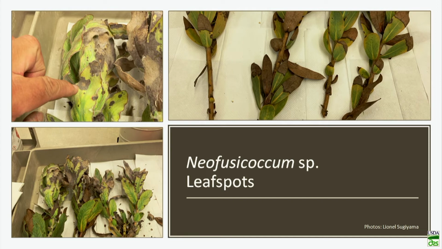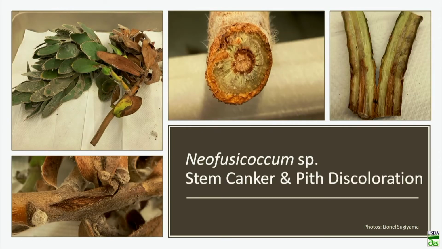We've also seen instances of kind of this tip necrosis on leaves, and that's what you're looking at in the top right. Okay, so Neopestalotiopsis also causes stem canker, which is the left two pictures. The top actually shows that part of the main plant seems to just die, and oftentimes rapidly.